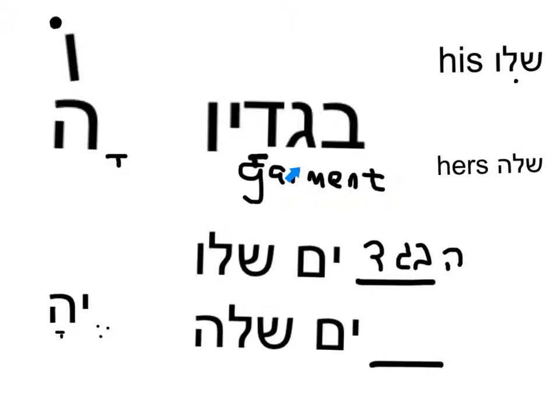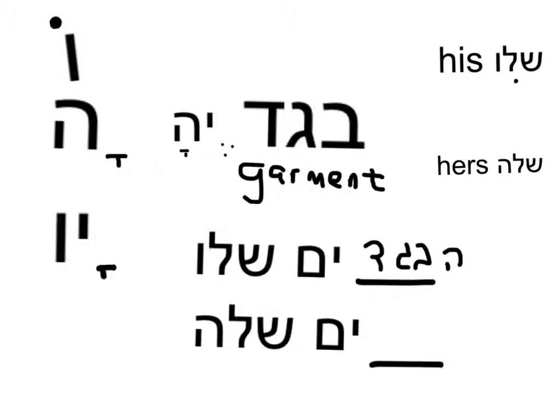So now we have one more way, and that is if we're talking about a female's garments, that we would do the following. We would take away that suffix, and instead we would say something like this. Bigadeha. So what do we have here? We have an extra hey by the end. That hey is still shala, that it's hers. And then we have that yud.